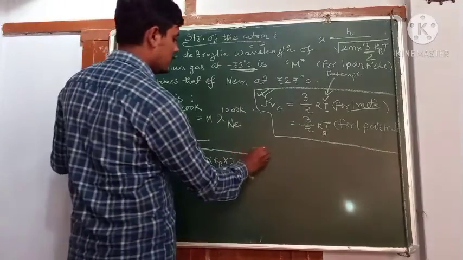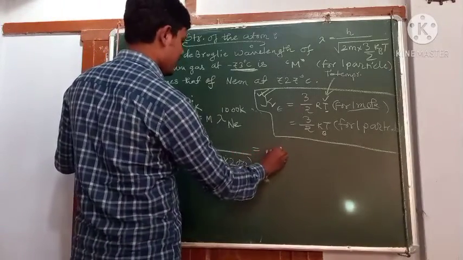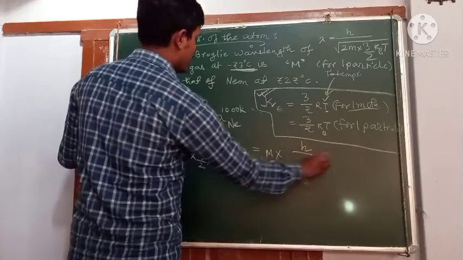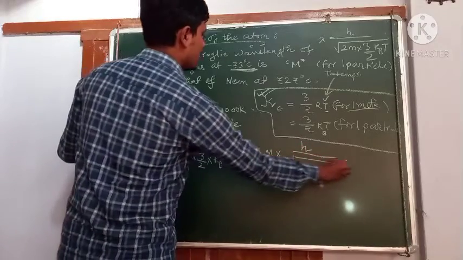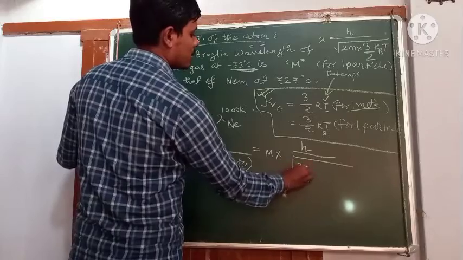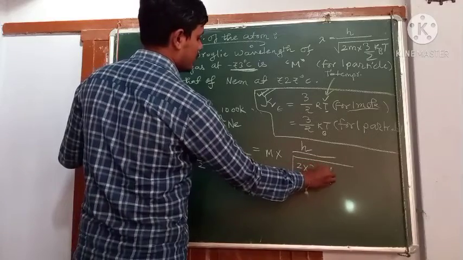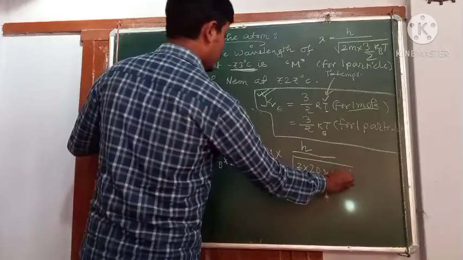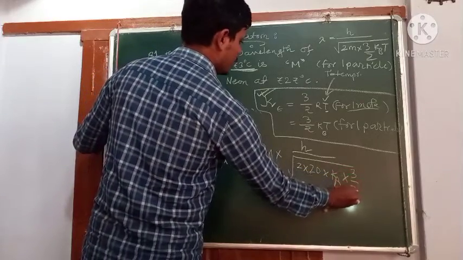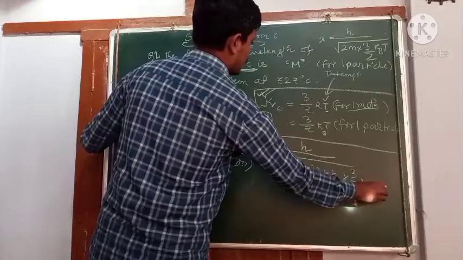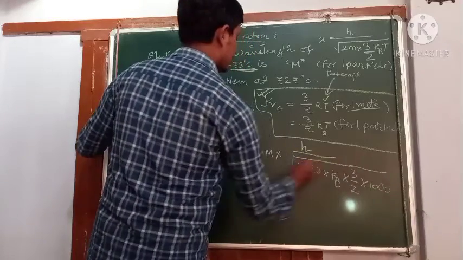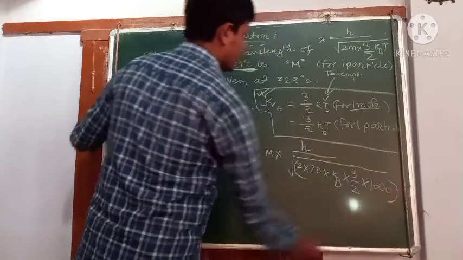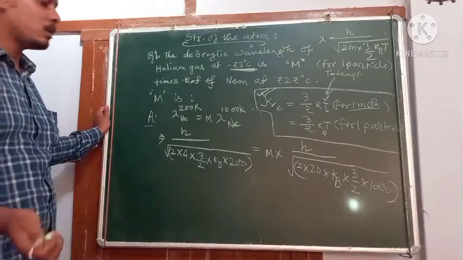This equals m times h by root over 2 into 20 into 3 by 2 into kB into 1000, since the atomic weight of neon is 20. Everything is inside the square root.